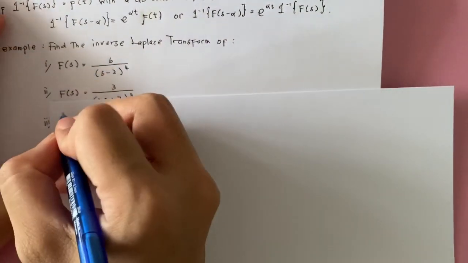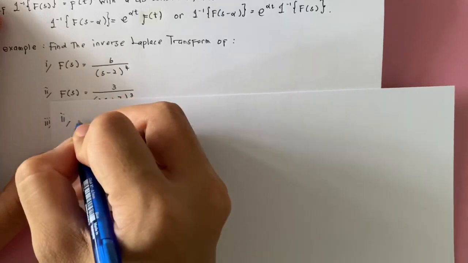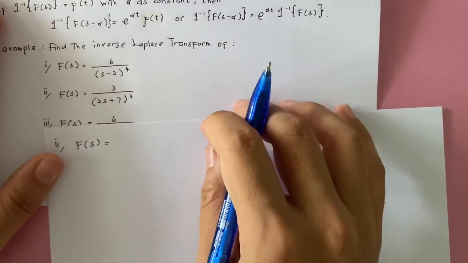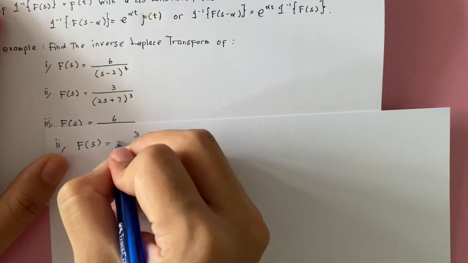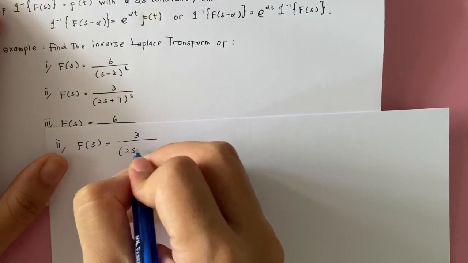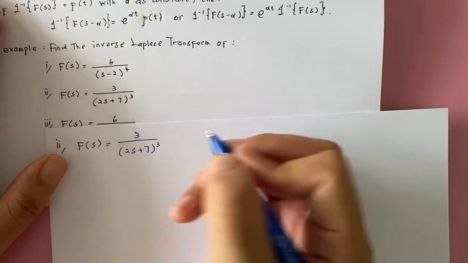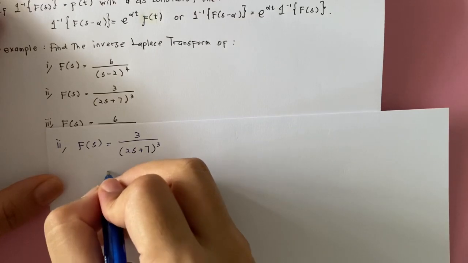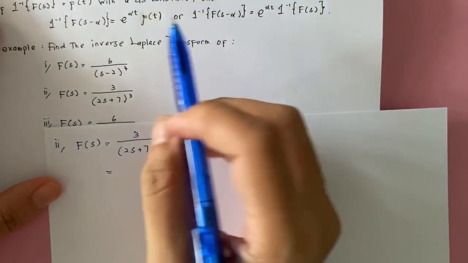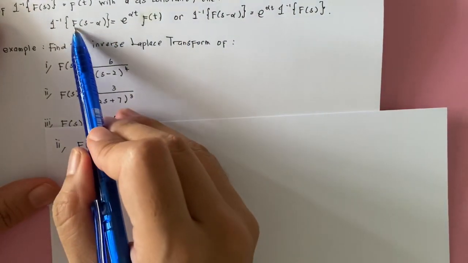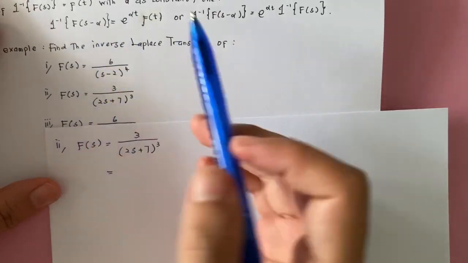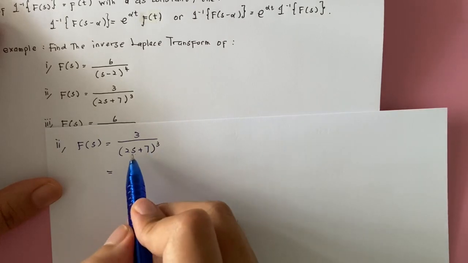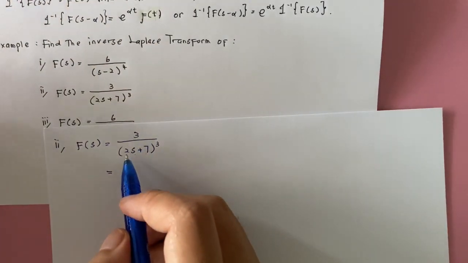Move to the second example. Okay, we want to find the inverse Laplace of 3 over (2s plus 7) cubed. For the first shifting property we need to have F(s minus alpha), but now you have 2s plus 7, so you need to get rid of the 2 here.